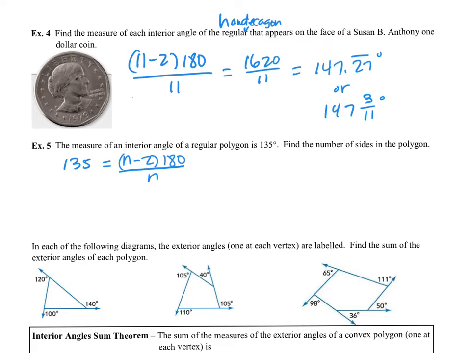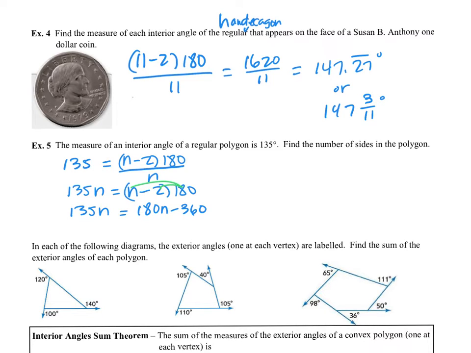To solve this equation for n, the first thing I'm going to do is multiply both sides by n, since I want to get this n out of the denominator. So I would have 135n is equal to n minus 2 times 180. Then let's get rid of the parentheses on the right side. I'm going to distribute, so I would have 180n minus 360.